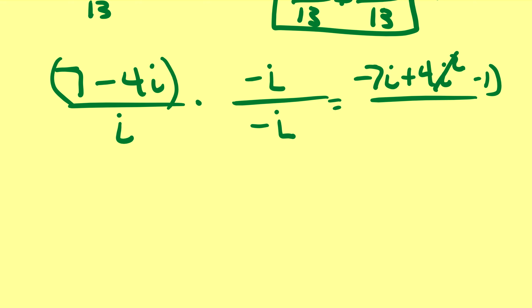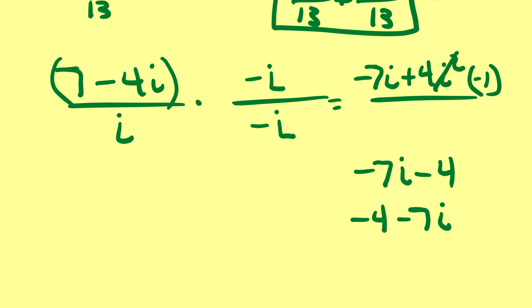Cross that off, put negative 1. Negative 1 times 4 is negative 4. So this numerator is going to be negative 7i, minus 4. I want to flip it around to be in the right form of a plus bi, so we'll write this as negative 4 minus 7i.